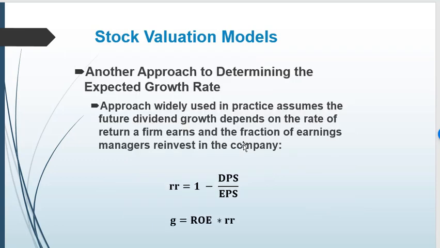One of the ways we can look at this is what's called the retention rate formula. The retention rate for the stock is 1 minus dividends per share divided by earnings per share. This is the percentage of earnings that have been retained in the company. So what does a company do with these retained profits?